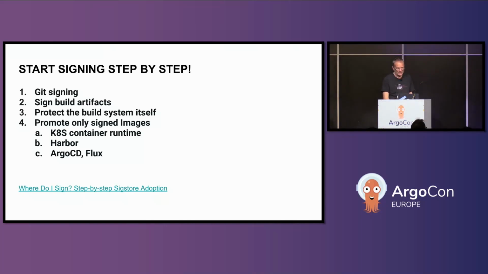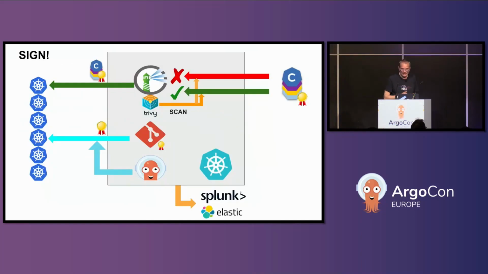We can use Harbor or Argo CD and Flux just to support signed artifacts. And this means here in that picture, we can guarantee that here a third-party vendor has signed something and only signed images go into the system, then they will additionally be scanned. Then we have the signed images here.